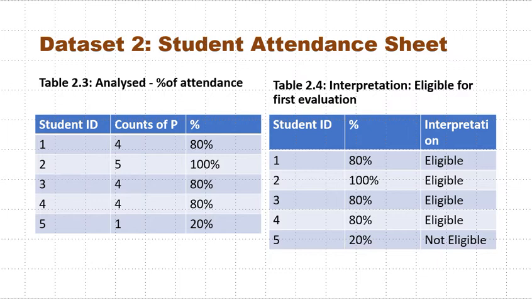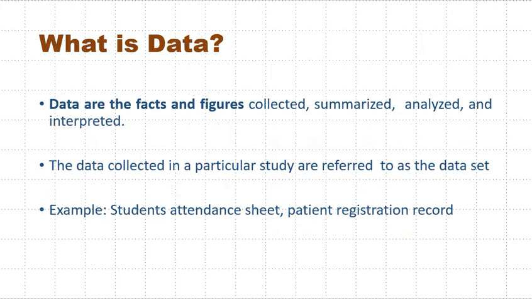So on the basis of this definition, we can interpret our data, our percentages, our analysis, like that in table 2.4. All 4 students are eligible except the fifth one, who has an attendance of 20%. So this is the basic definition of data. For you, I repeat this definition. Data are the facts and figures collected, summarized, analyzed and interpreted.